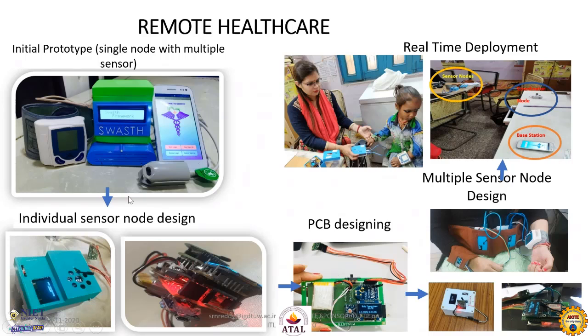Here you could see Swast was the first product. The entire module was 3D printed in the lab. That was one of the works primarily done, and several sensors have been integrated in that prototype. Since it was bigger in size, in the second version it has been reduced to a smaller size, and the student is getting data in comparison with commercially available systems in tertiary healthcare centers.